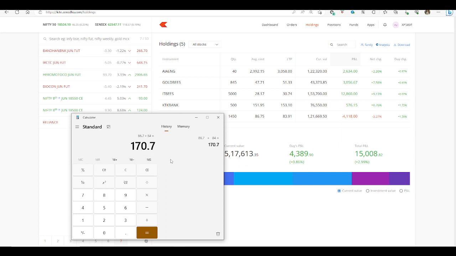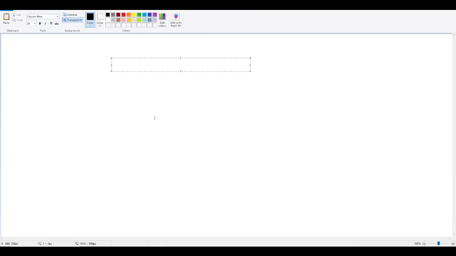Now this is the total price divided by 2. My average price is 85.35. Let me write this: 85.35 is the average price. For time being you can assume you are doing a 1:1 ratio average.